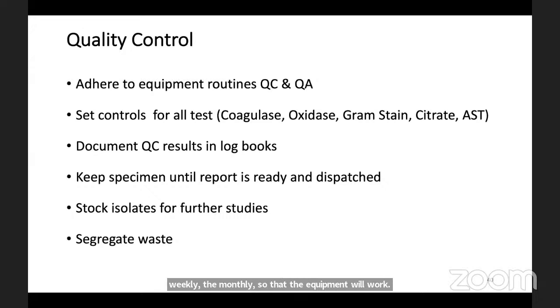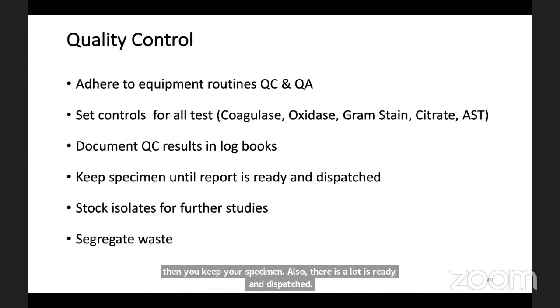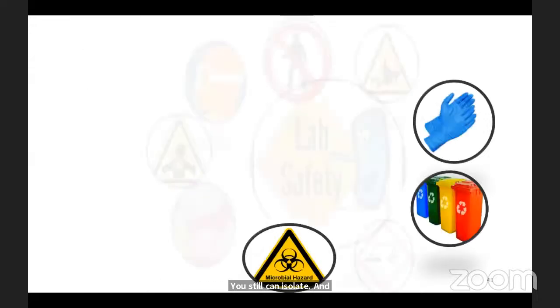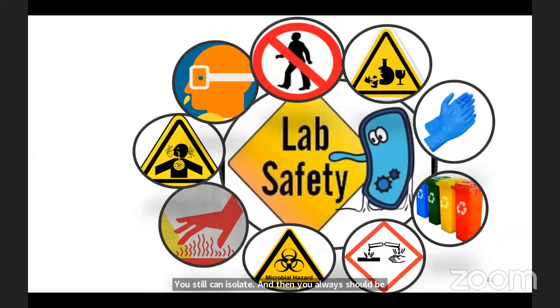You always set controls for your tests with ATCC strains. You document this in a log book, and then you keep your specimen until the result is ready and dispatched. You stock your isolates, and then your waste should be segregated well.